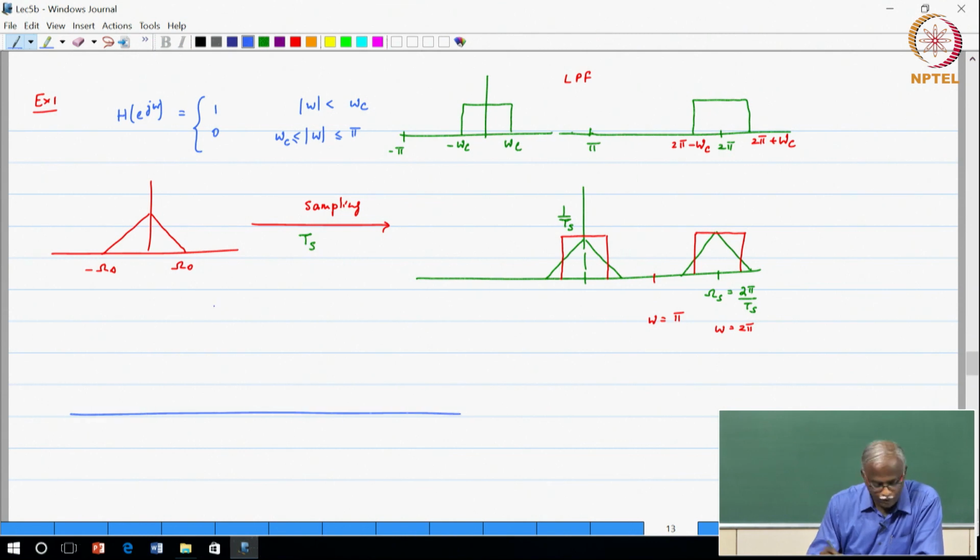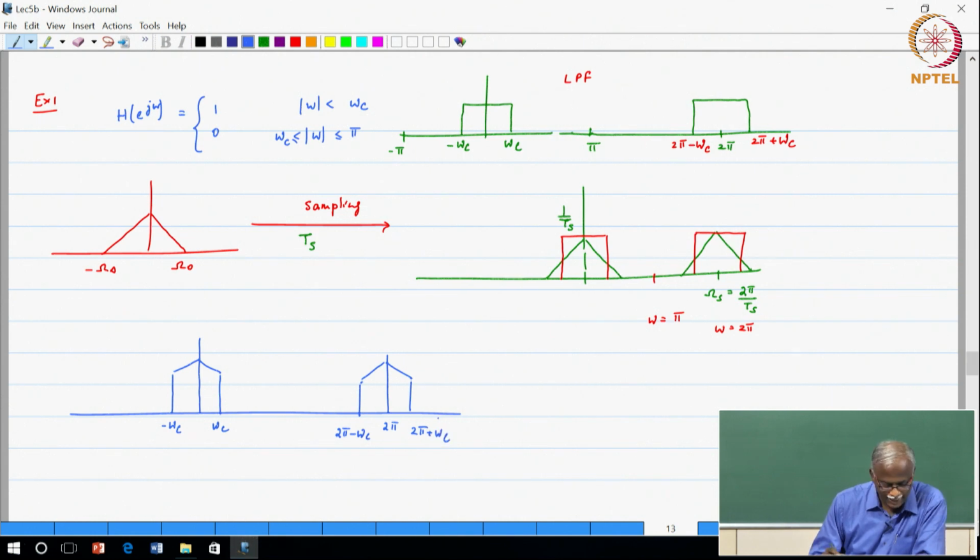I have the main copy which has this shape, and it has been cut off at minus omega c to omega c. Then at 2 pi there is a copy which is again at the same band edges. This is 2 pi, this is 2 pi minus omega c, and 2 pi plus omega c.